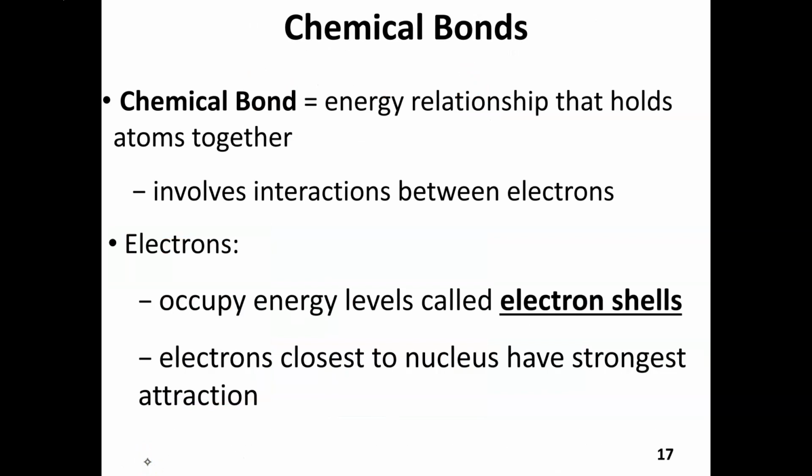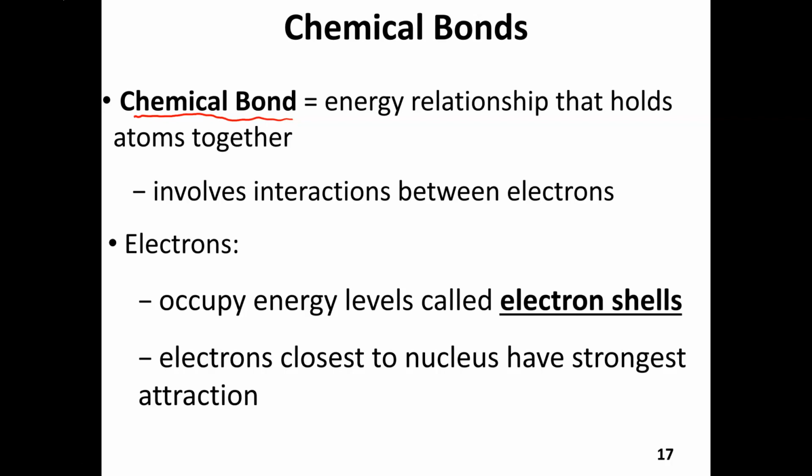So these atoms come together and they form molecules or compounds via chemical bonds. So they have to bind together. A chemical bond is a relationship that holds two atoms together using some form of energy.